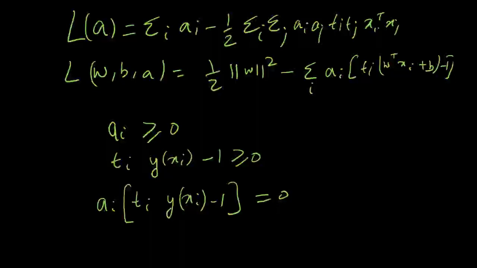So these are the three conditions that will be satisfied for this formulation of SVM. Because of this, we can get different conditions to solve for w and b. So w we already eliminated, but we can get b now.